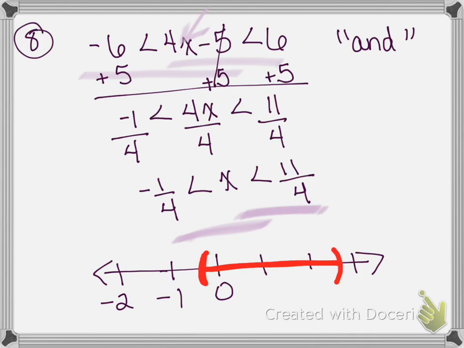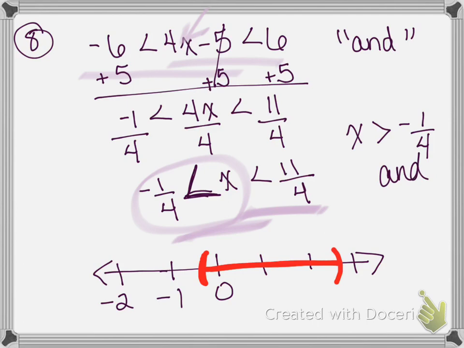This part right here, if I were to rewrite that, do you see how my open part is towards the x? So that would be x is greater than negative 1/4 and x is less than 11/4. Okay? So my final answer is going to be negative 1/4 to 11 over 4.